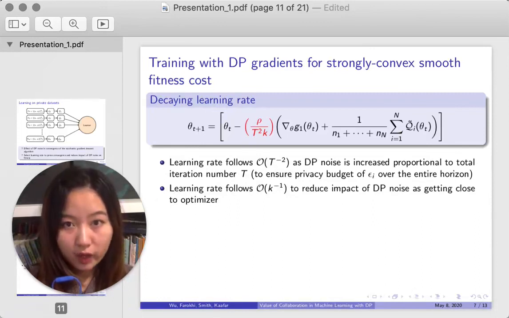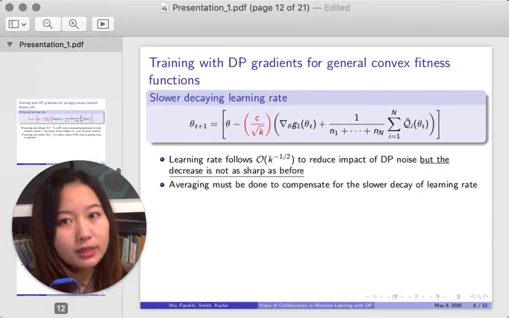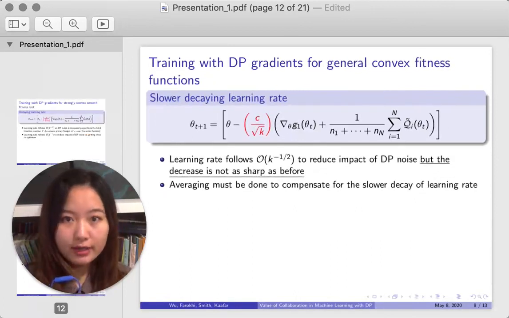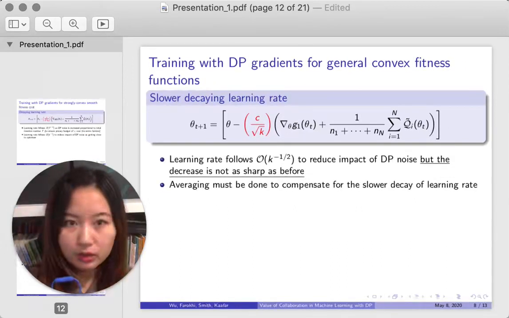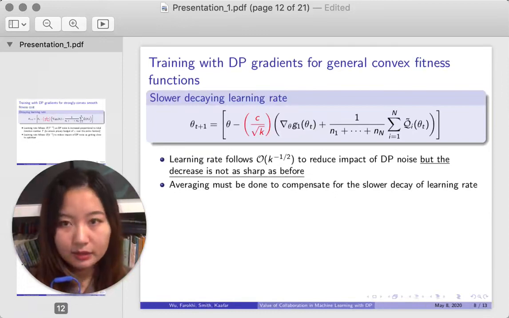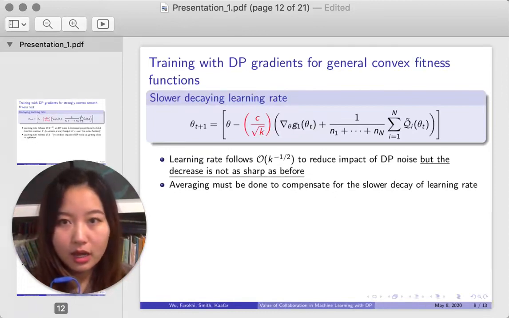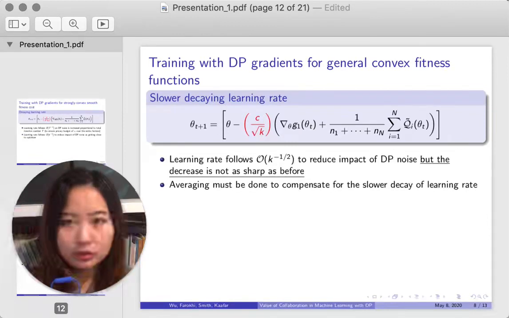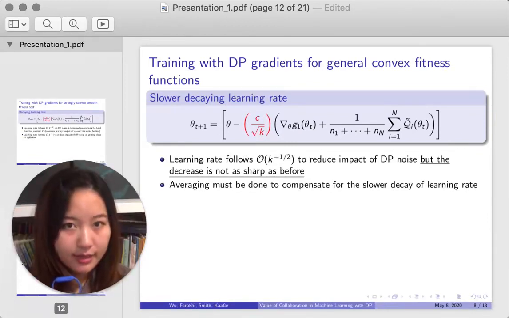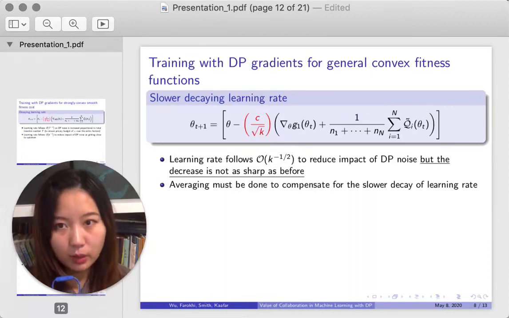So we want to avoid these assumptions and also reduce the effect of the additive noise. So we propose an algorithm for general convex fitness functions with a slower decaying learning rate. The learning rate here is inversely proportional to the square root of k. This is to reduce the impact of DP noise.